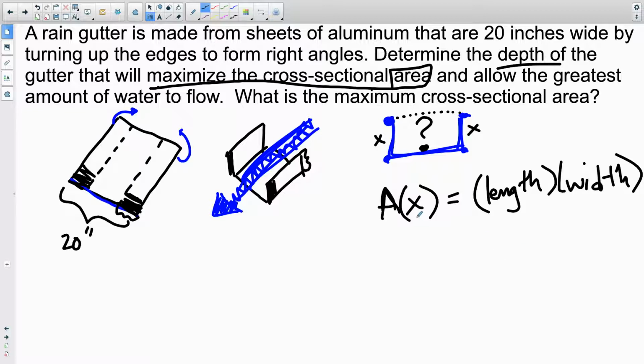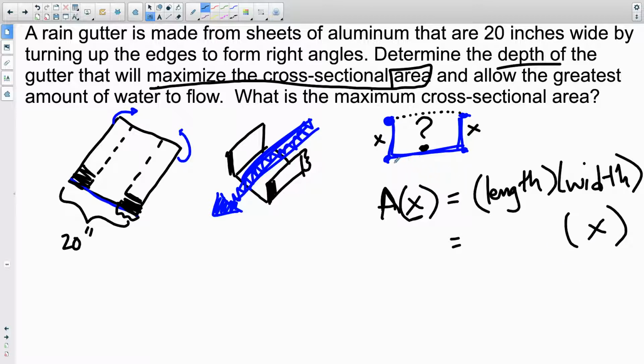And if we're going to graph this, we're only going to be able to graph it in one variable. So everything has to be defined in terms of x, because that's what we're going to plug into our graphing utility. Now, I don't know what the length is, but we can call the width or the depth here our x term.